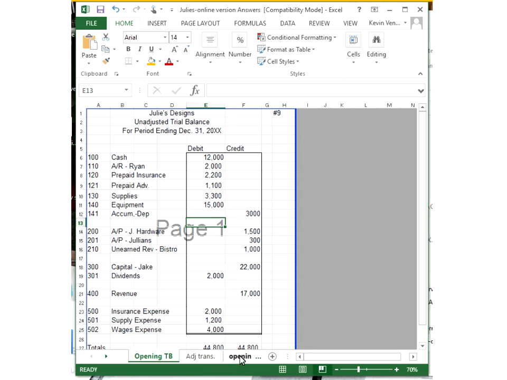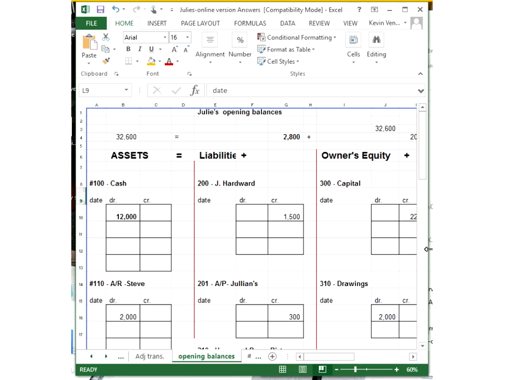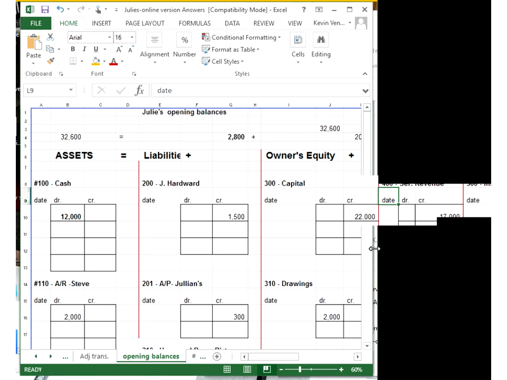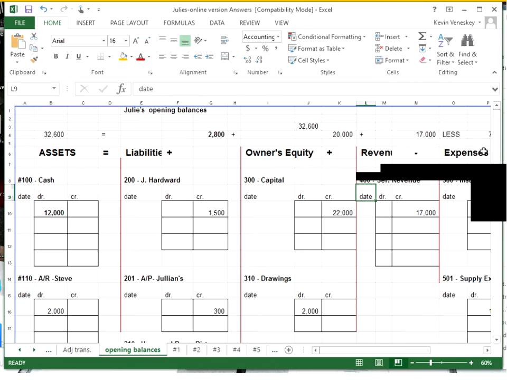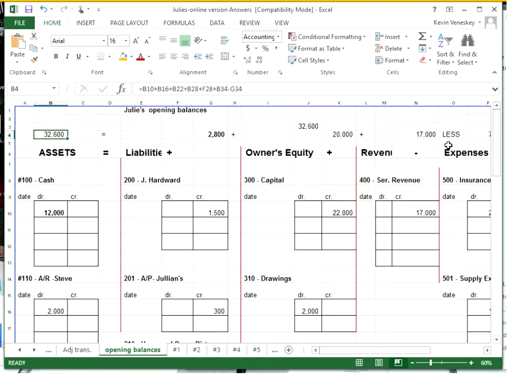So using these numbers here, I want you to practice putting these from a trial balance back into T accounts. I made sure that the equation's still balanced when I put these back in, to make sure I put the numbers in the right spots.